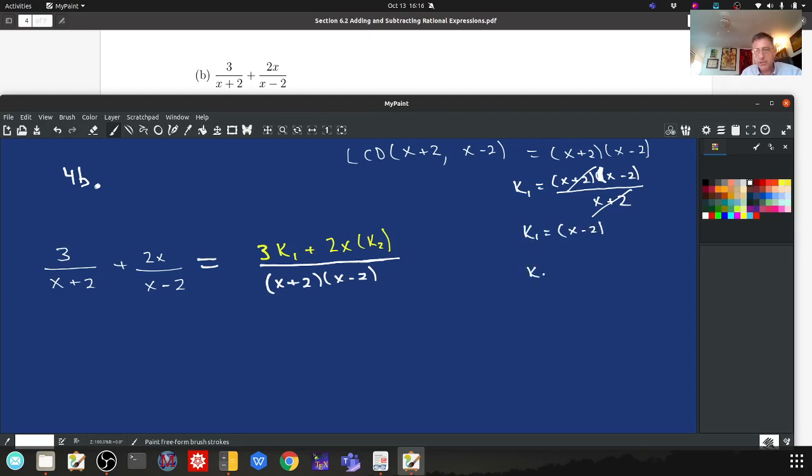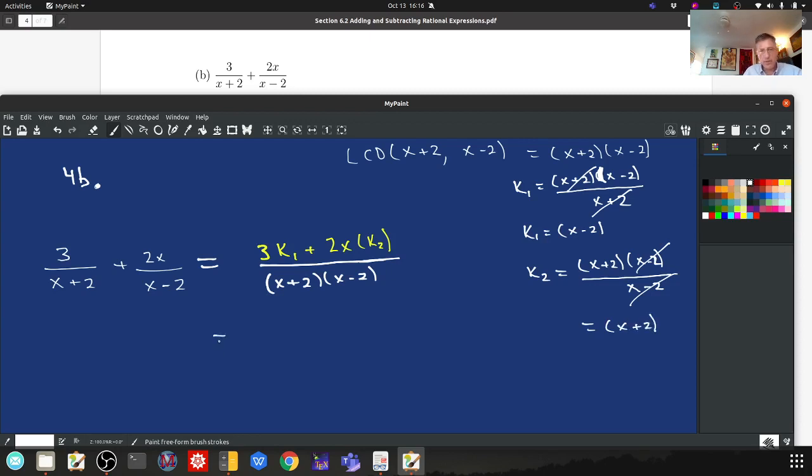My k2 term, again, is going to be my LCD that I found, x plus 2 times x minus 1, over my second denominator, x minus 2, and those two terms cancel, so it's x plus 2.